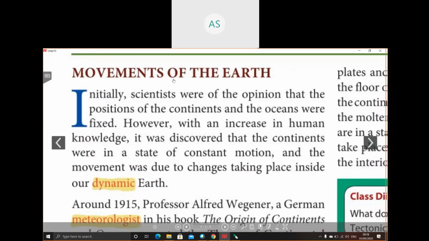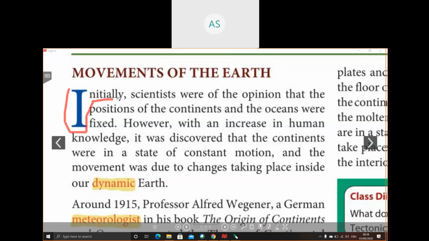Movement of the Earth. What is the movement of the Earth? Initially, scientists were of the opinion that the positions of the continents and the oceans were fixed. Basically, in the first half, the scientists depended only on the data they had in that time period.